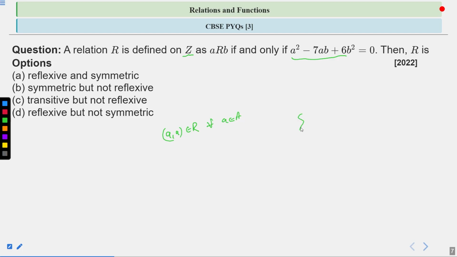That means suppose we have 1, 2, 3, then for the relation to become reflexive, (1,1), (2,2), and (3,3) must lie in the relation R. Clear? All three ordered pairs must lie in the relation R. Got it? This is the condition for reflexivity, right? What is the condition for symmetricity?